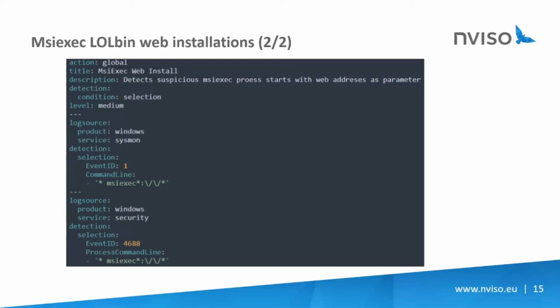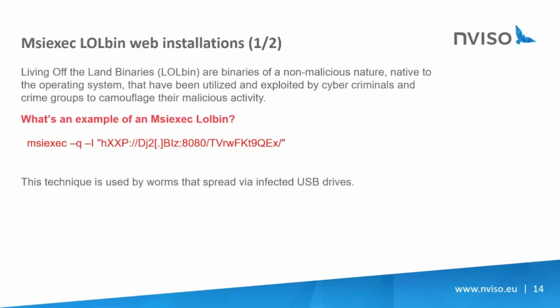And we're trying to match the command line for anything that contains MSI-exec, and following that is a regular expression for the URL, which is basically the dot and // part.